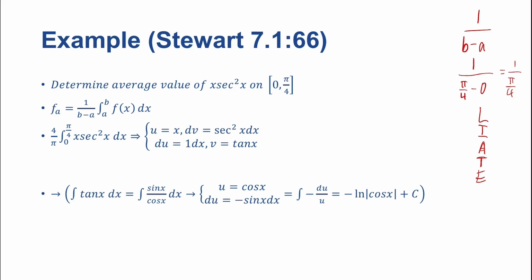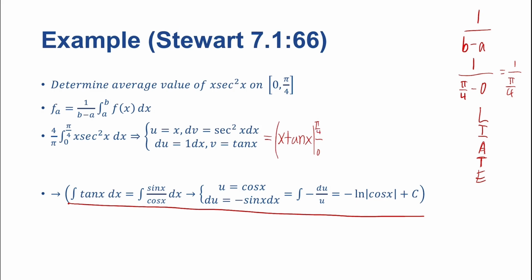Okay, so I'm just writing down here a derivation for the tangent, which we're going to be using later. But from here, if we do our little cross thing with our table, we're going to get x tangent of x minus the integral, and that's evaluated between 0 and pi over 4, and all of this is multiplied by 4 over pi.